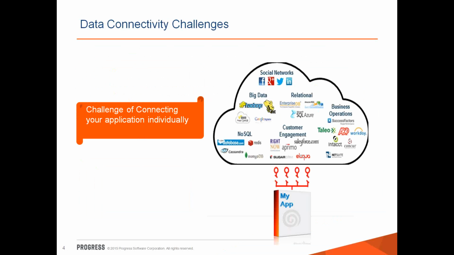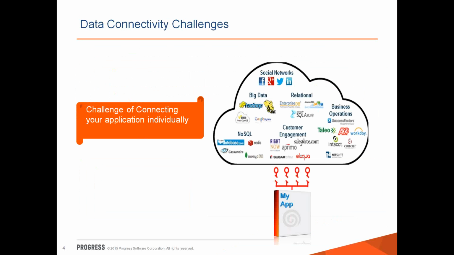Once the location of any of your data changes, you need to tweak your applications to cope with that change. And if you want to gain access to any additional data, you need to tweak your application to provide that access. It is all very time consuming and adds maintenance overhead.